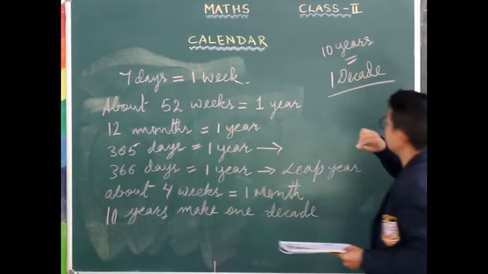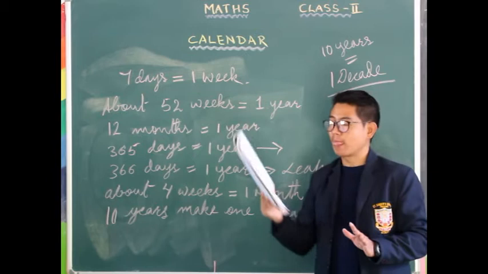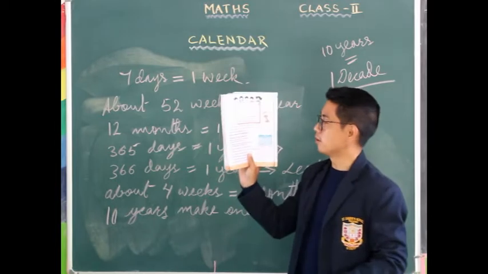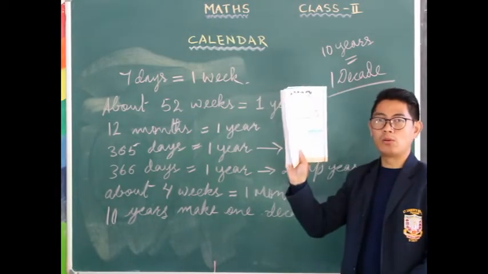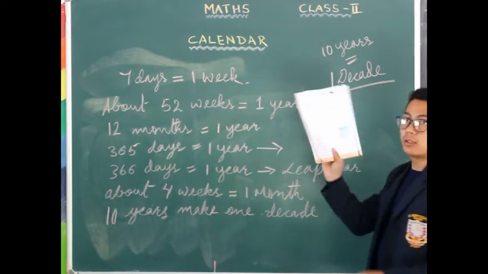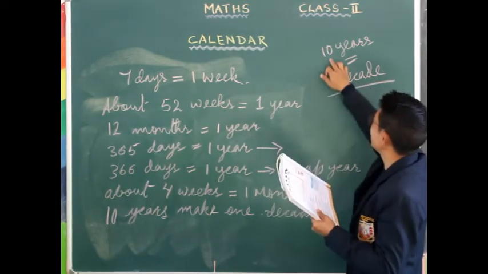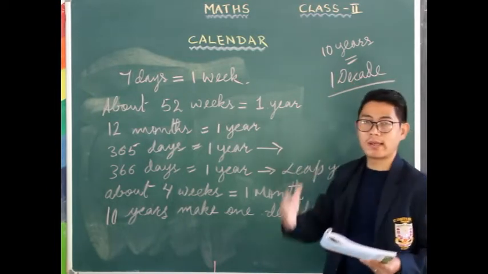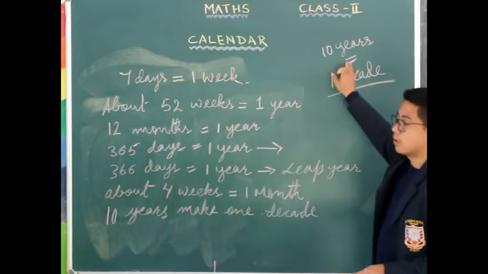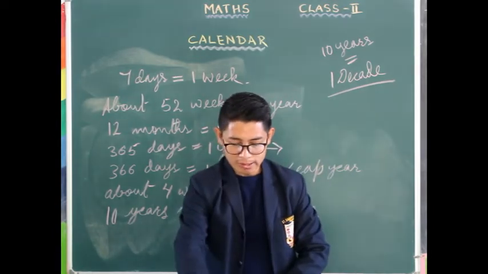For example, if I say this book is 10 years old, I can use another word: this book is 1 decade old. So 10 years equals 1 decade. This is the same. Do not get confused.